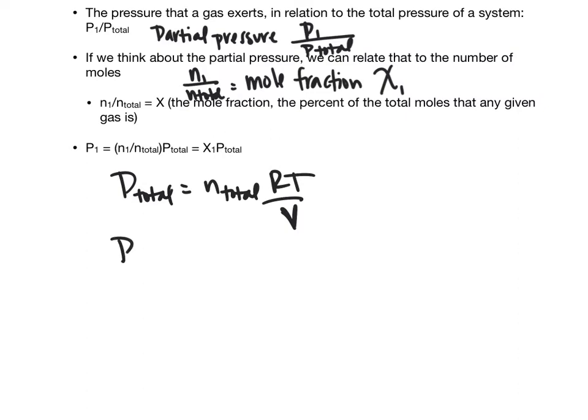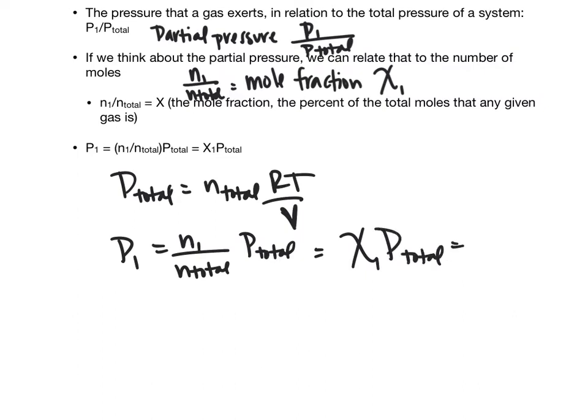So if P1, the pressure of any gas, is equal to N1 divided by N total multiplied by P total, we're going to be able to determine that the mole fraction of gas 1 multiplied by the P total gives you the partial pressure. Now we can go through and derive this information, but as long as the container is holding steady, we can use this information.